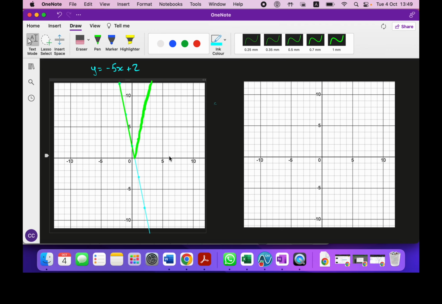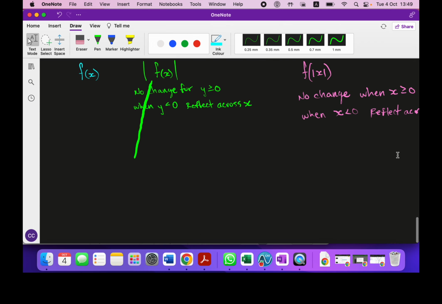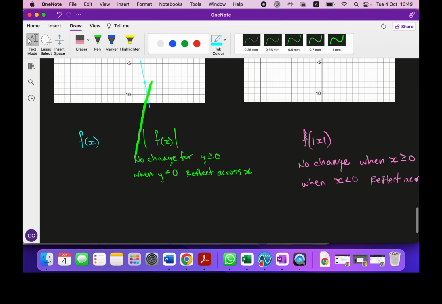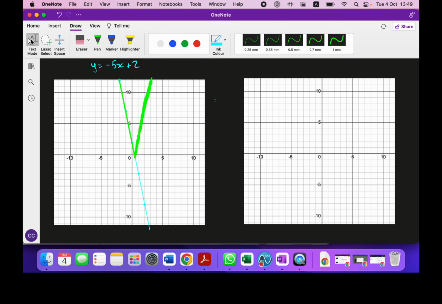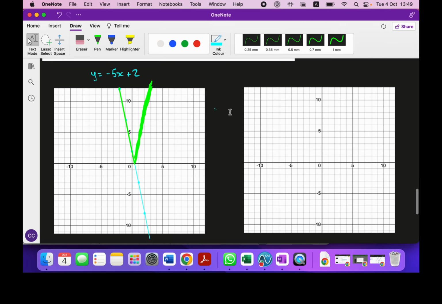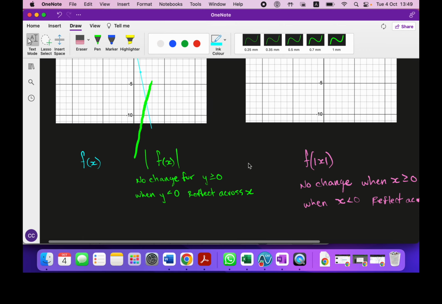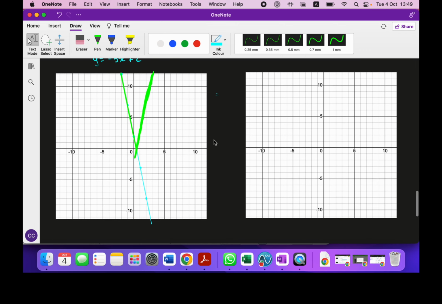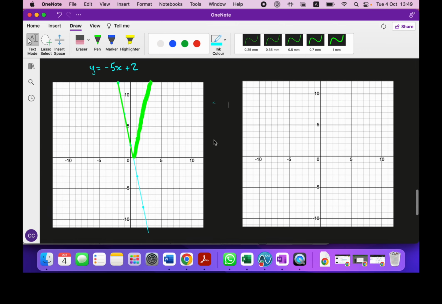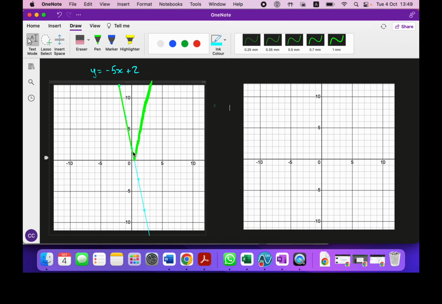Now, for the other one, my other rule is no change when x is positive, but when x is negative, this reflects across y. If I reflect across y, it's going to come straight up.